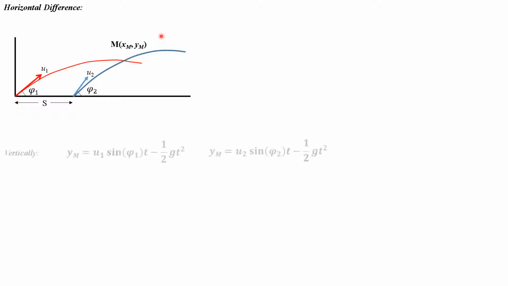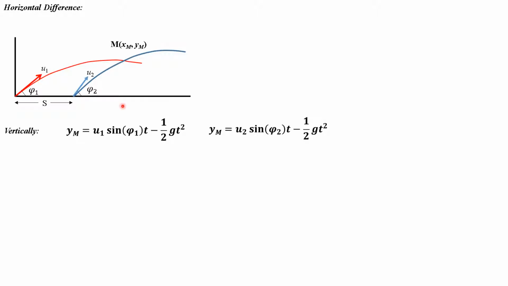Okay, then again the same idea, ym, the y direction, from the projectile 1 is given by this expression which we had before, and then the same y from the second projectile, and then obviously these two are the same. Then the equation will reduce to the following format: u1 times sine phi 1 is equal to u2 times sine phi 2.